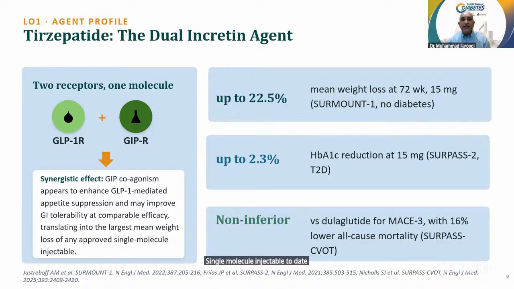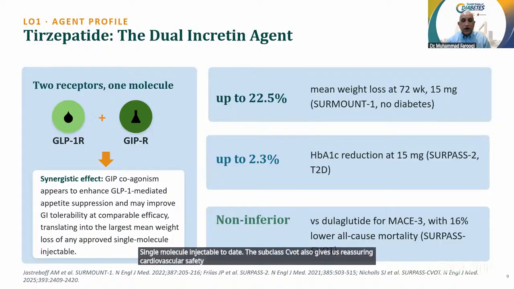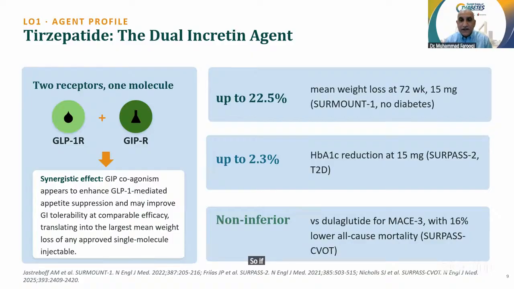The SURPASS CVOT also gives us reassuring cardiovascular safety data, non-inferior to dulaglutide with a favorable mortality signal, which is there for us to see. So if your patient's dominant problem is obesity itself, this is usually going to be your most effective single option.